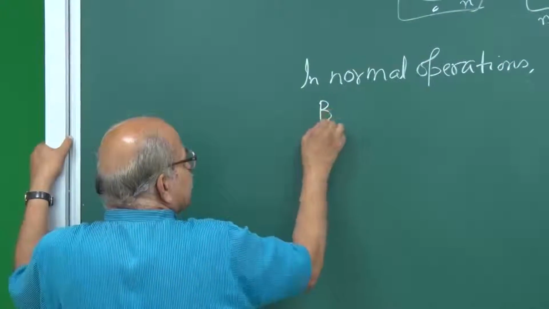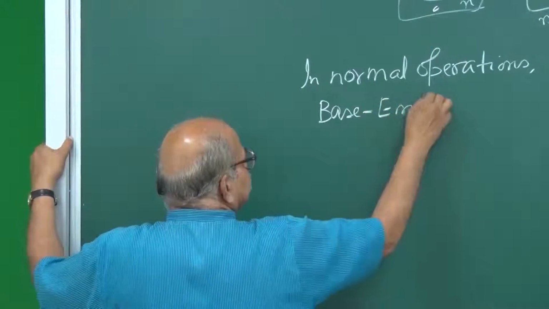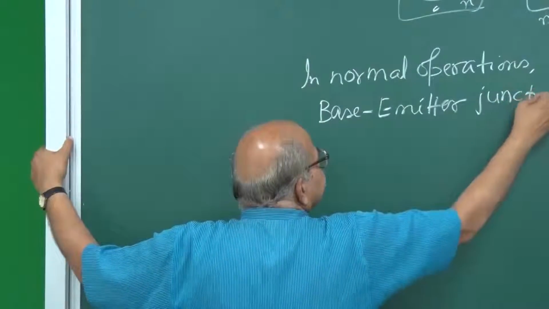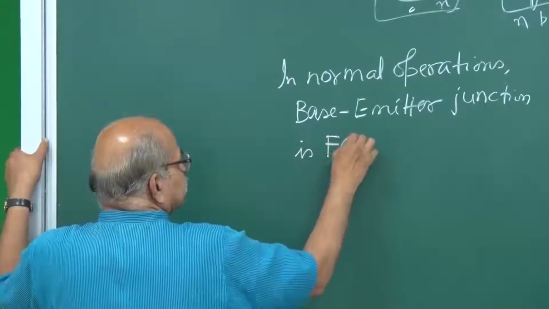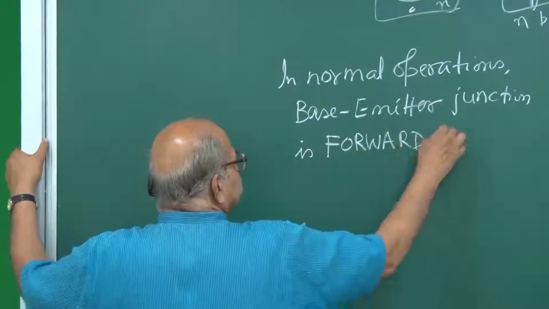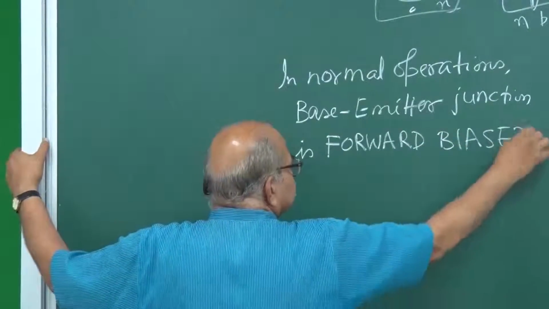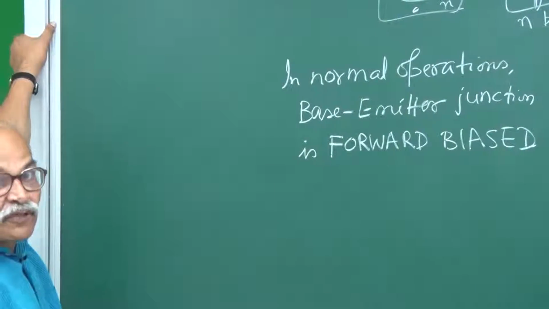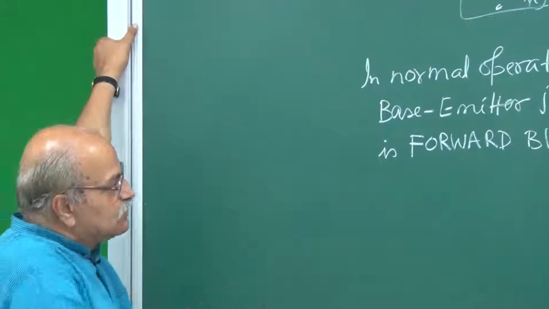This base emitter junction, and junction means PN junction, is forward biased. The base emitter junction is forward biased in all kinds of applications that we will be using.